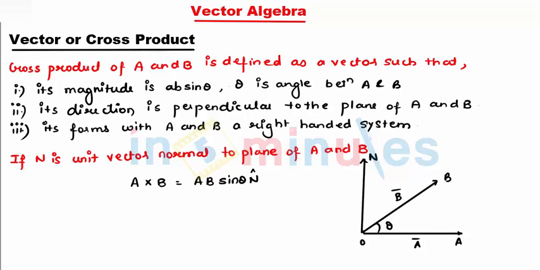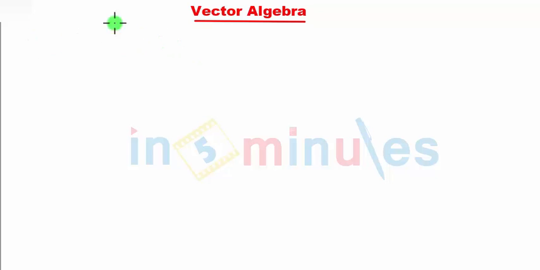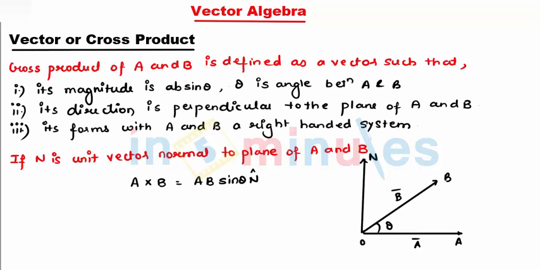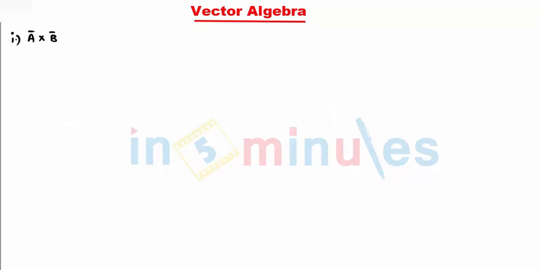Now, there are some properties of this which I'll discuss. Out of that, my first property is, you should understand that when you do A cross B, that is A bar cross B bar, you should write here also A bar B bar. Now A bar cross B bar is not equal to B bar cross A bar.